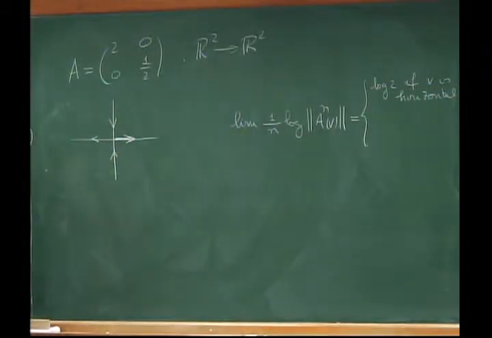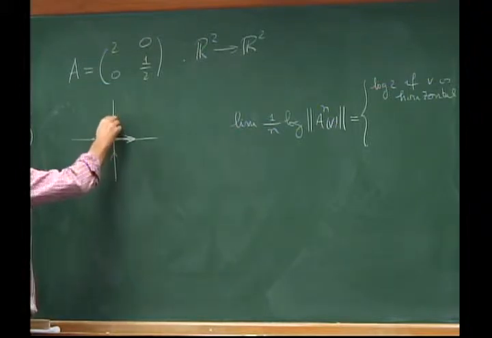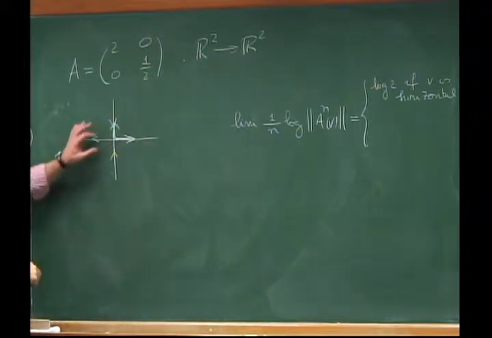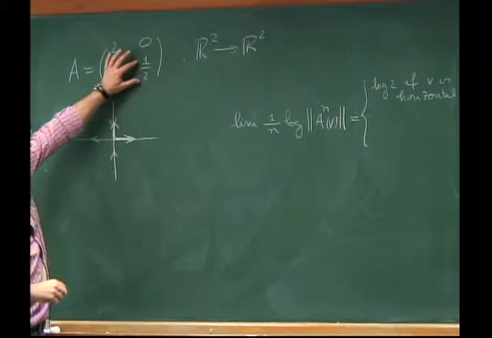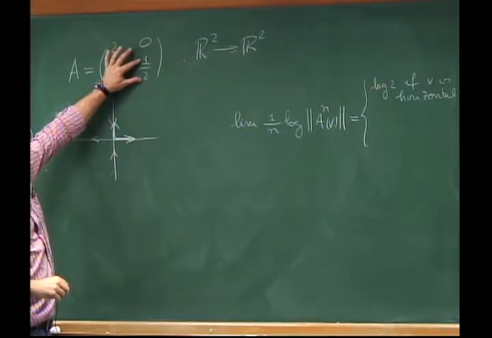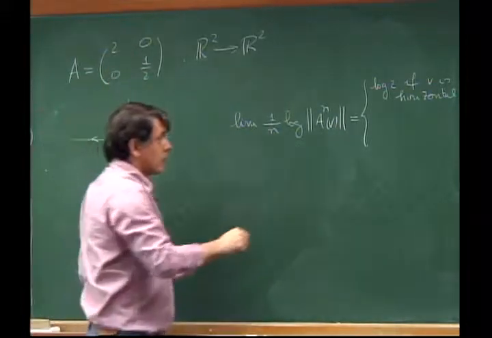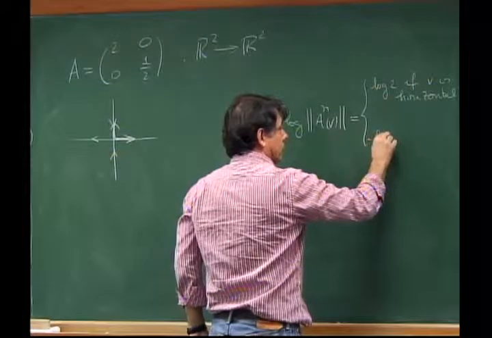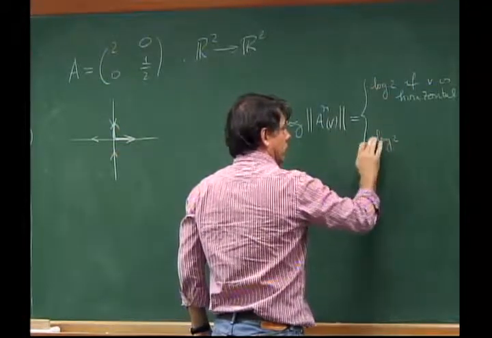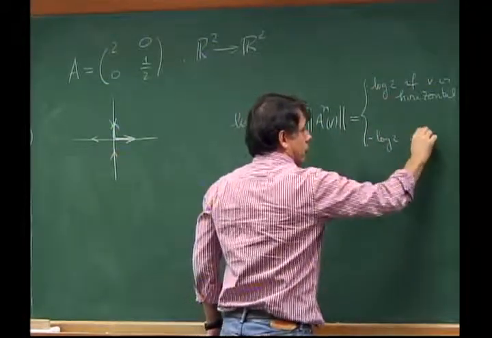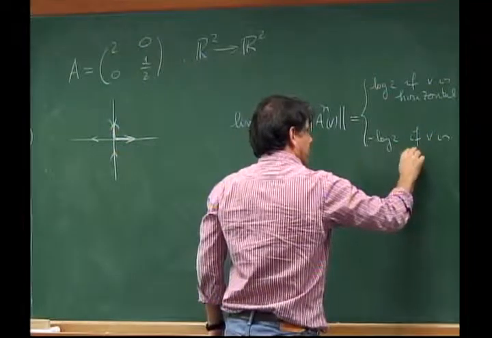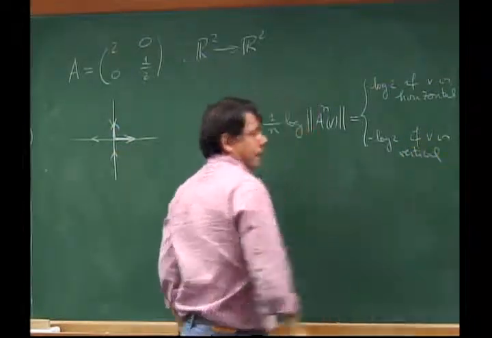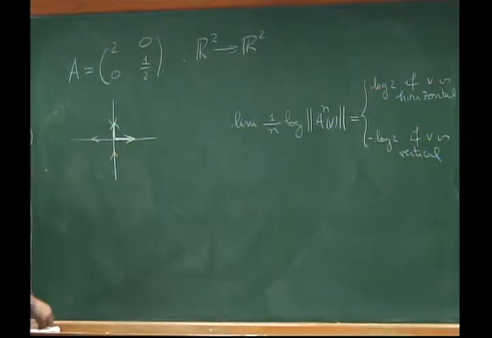Right? If you take a vertical vector, then of course you get a completely different answer because it will be contracted. So it will be minus log 2 if v is vertical. Right? What about the other vectors?